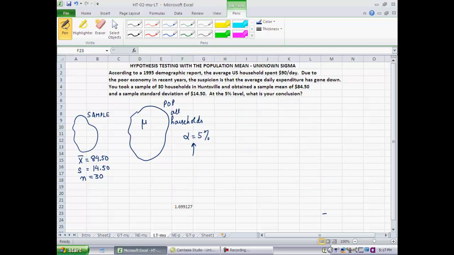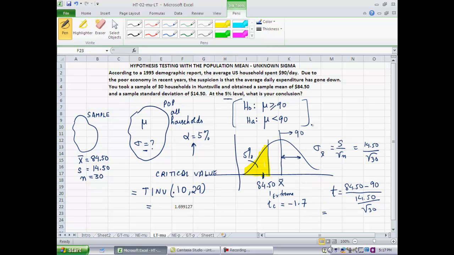Let's see what value we get. I'm running out of real estate here, so let me do the calculation over here. So I have 84.50 minus 90, which is the numerator, and the denominator is equal to 14.50 divided by square root of 30.